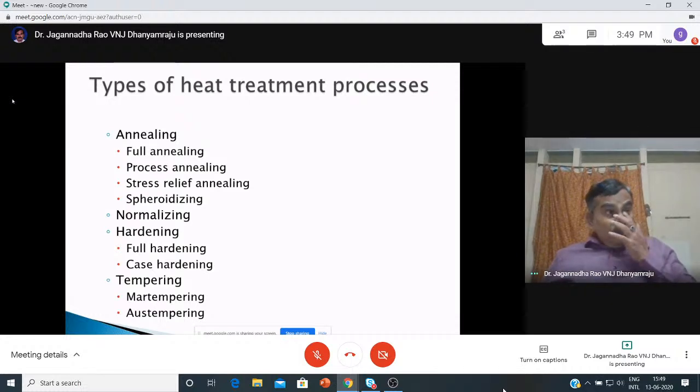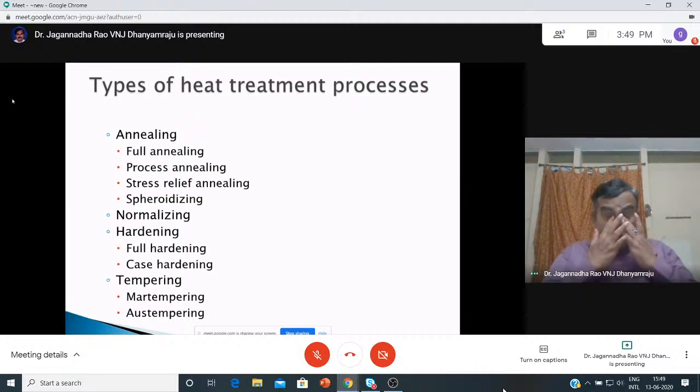For example, when a material is worked, especially cold worked, because of the application of force there is distortion and residual stresses within the component. The material also resists further working, which is called strain hardening, or work hardening.